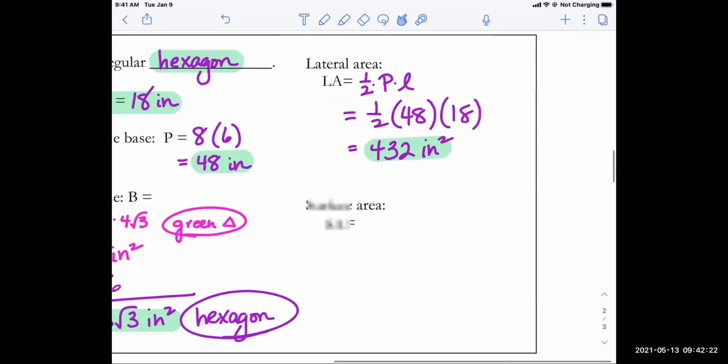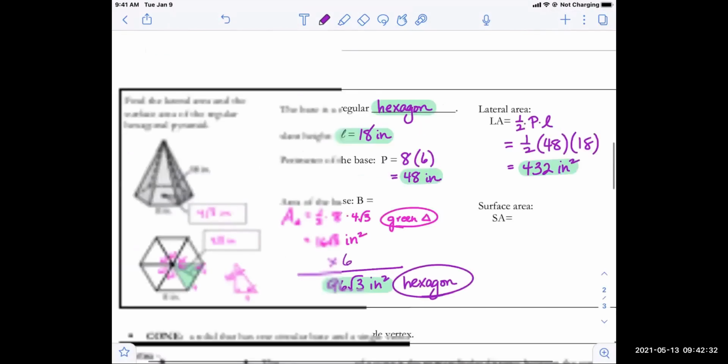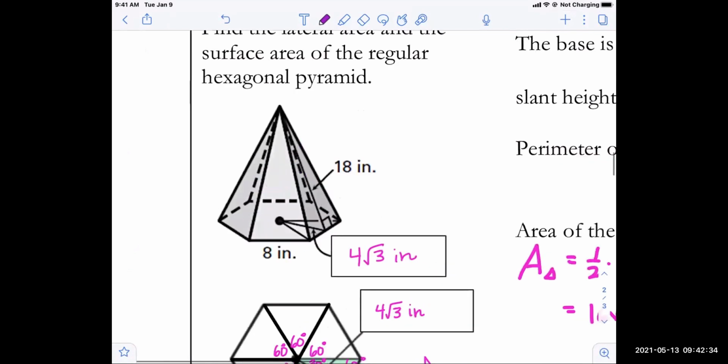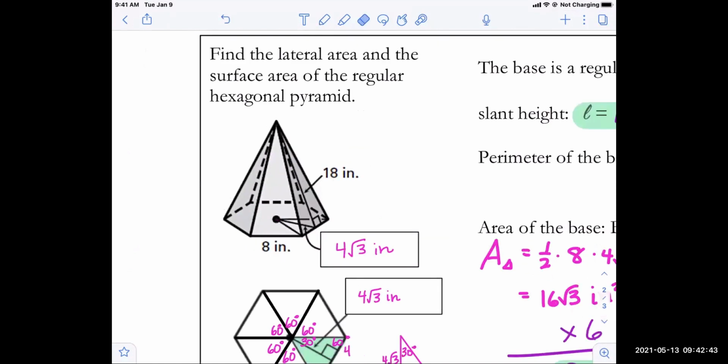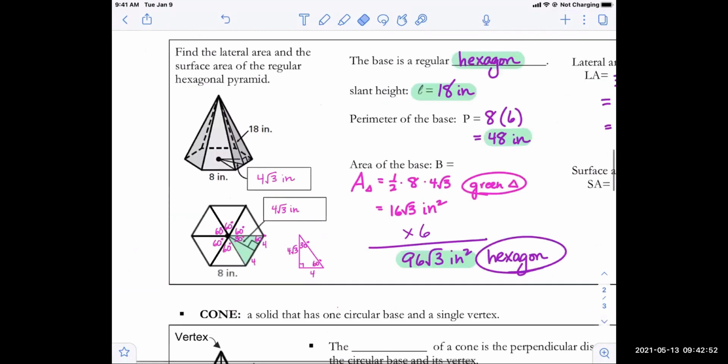Okay, Sarah, how do you get the surface area from the lateral area? So the lateral area is all of these triangles' areas added up. What are you missing when you do the lateral area? I'm looking for a face, right?